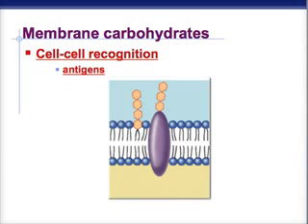These membrane carbohydrates play a key role in cell-to-cell recognition, which is the ability of a cell to distinguish one cell from another, such as antigens. In addition, they are important in organ and tissue development, and they are the basis for rejection of foreign cells by the immune system. You may have heard of the 4 different human blood groups, A, B, AB, and O. These 4 blood groups differ in their external carbohydrates that are on the red blood cells.